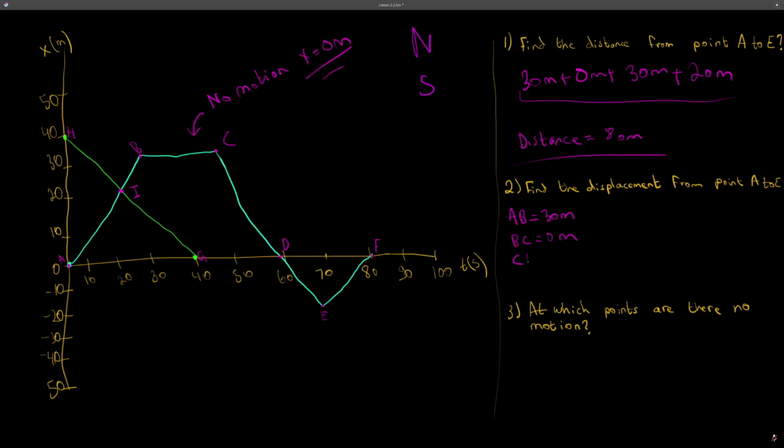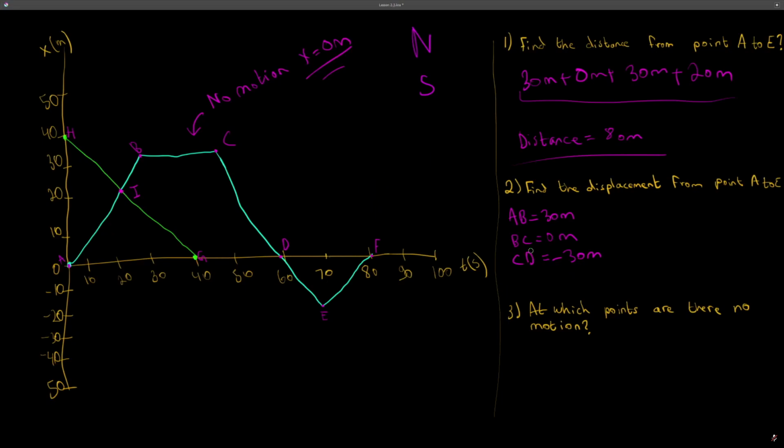Now from point C to D, it's going to be equal to negative 30 meters. Why is this negative? Because it's moving downwards, and whenever there's a downwards motion in a position time graph, it's negative.